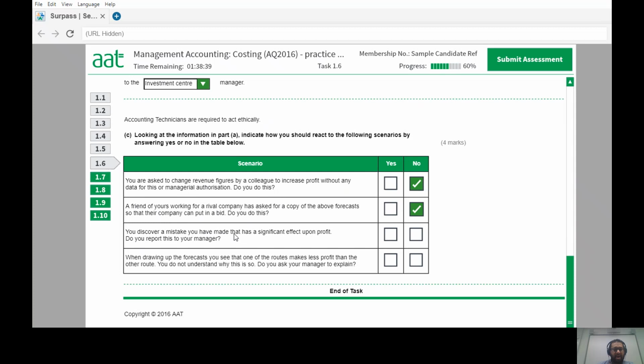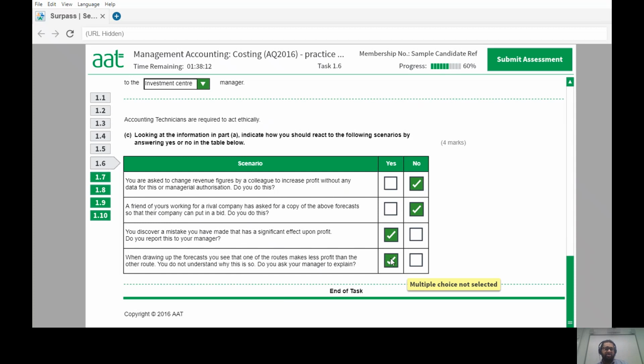You discover a mistake you made that has a significant effect on profit. Do you report this to your manager? Yes, you have to be honest and straightforward when you come across something like that. This is your integrity, and of course this is going to be your answer for it. Yes. When drawing up the forecast, you see that one of your routes makes less profit than the other route. You do not understand why this is. Do you ask your manager to explain?